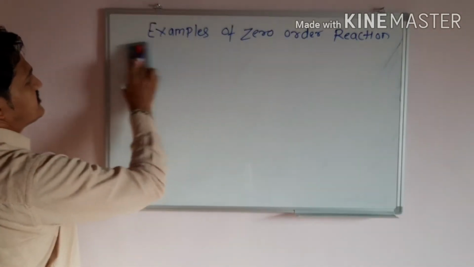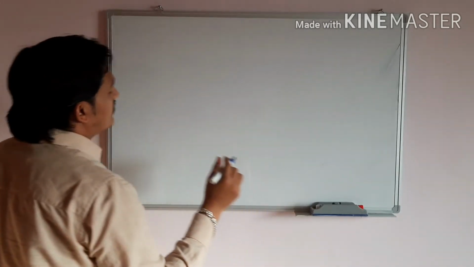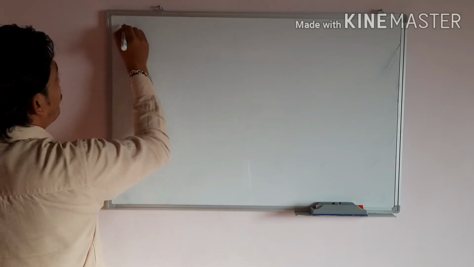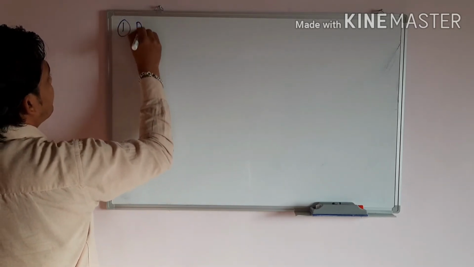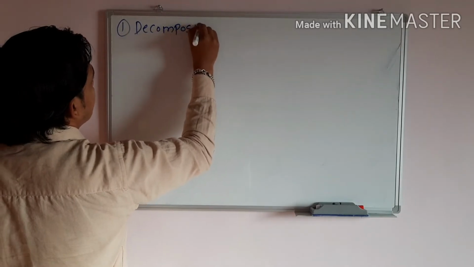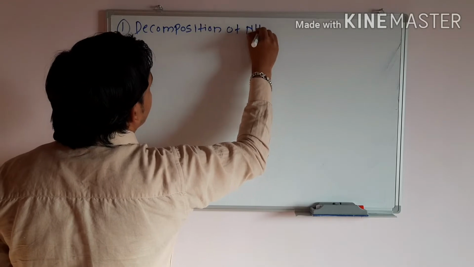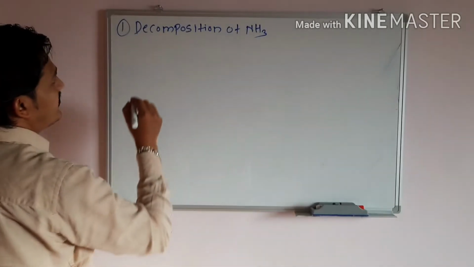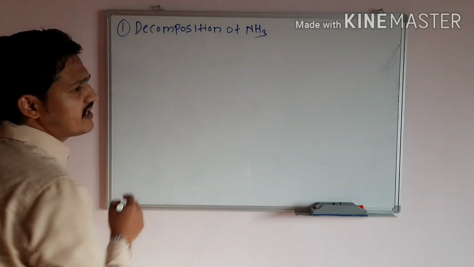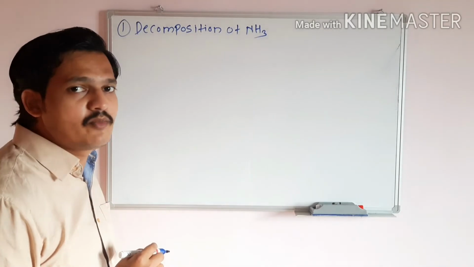Let us move to example number one, the decomposition of ammonia. What is the formula of the ammonia decomposition reaction? You already know the manufacturing reaction: N2 plus 3H2 gives 2NH3.